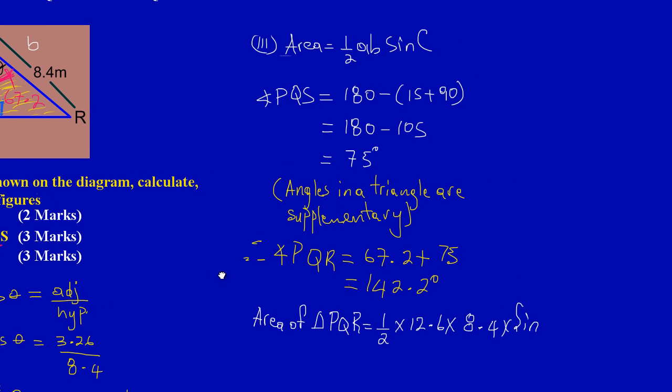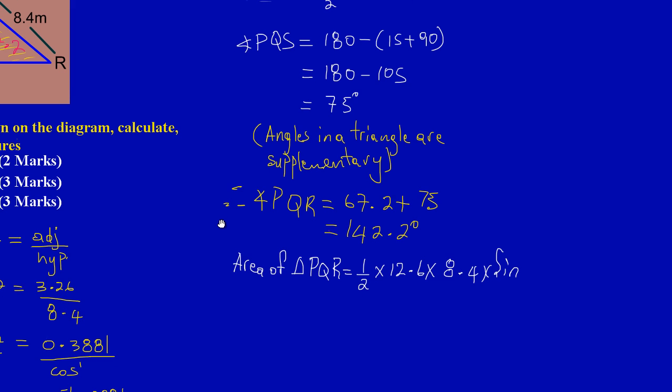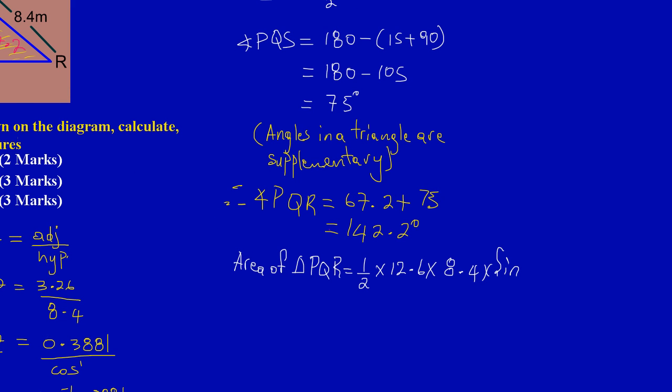I think you should get the general concept so we can pull the question out of the way for a little bit. So I'm multiplying that now by the sine of 142.2. Basically this would be equal to a half times 12.6 times 8.4. That would give me a total of 52.92, and you can multiply that out on your calculator, and I'm multiplying that by simply sine 142.2.